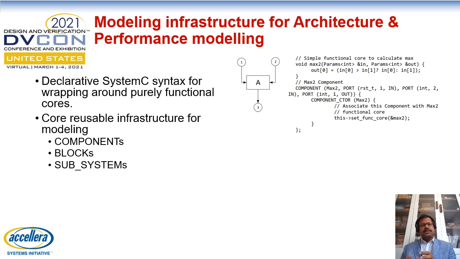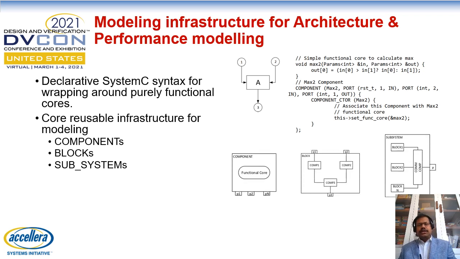The subsystems are very much like blocks, but they have further restrictions with respect to what kind of interfaces they support at the boundary, for example, memory TLM2 ports. Here is a diagram which shows a component, a block, and a subsystem, and how it could internally be composed.